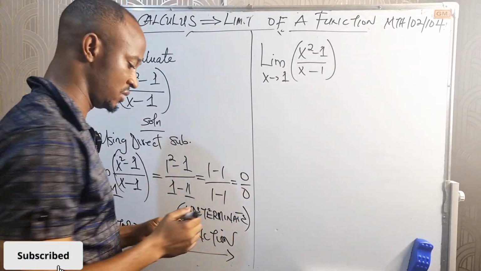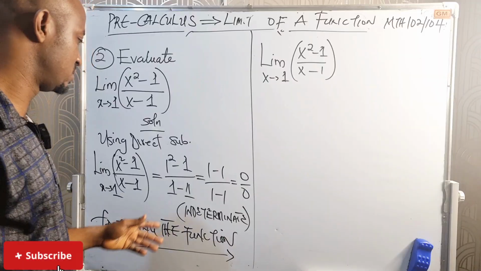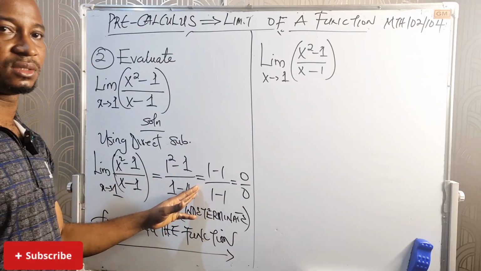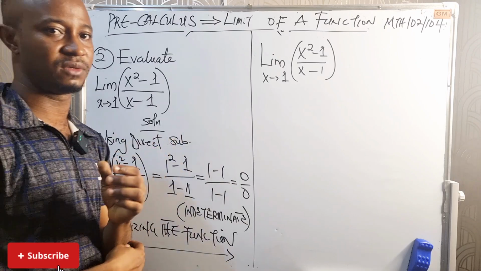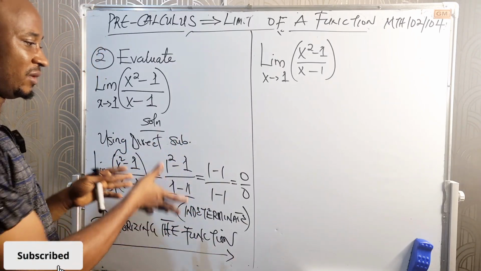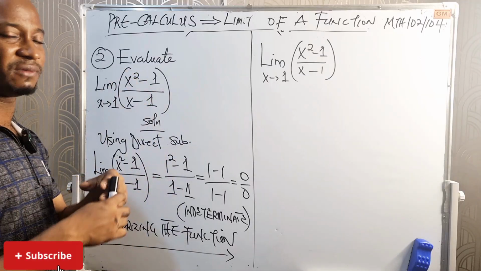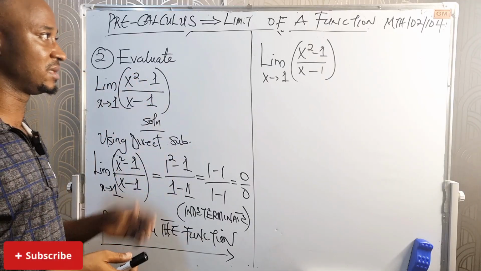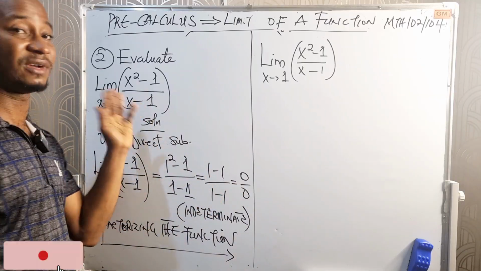For those of you who are writing an exam in UNN that uses CBT, you don't need to go through all of this process. Just go straight to the point. For those of you that attend UNN, no need of evaluating. If you see a quadratic function, just factorize. Even if you put in direct substitution like this, just factorize.